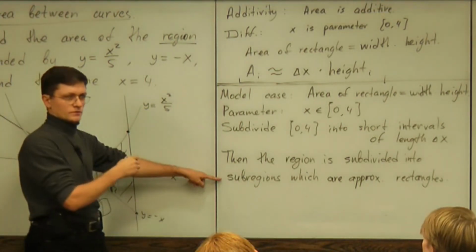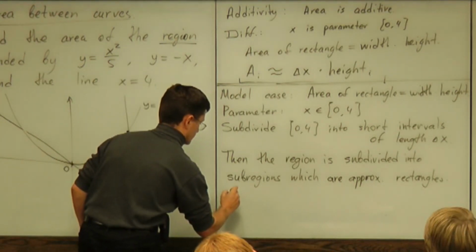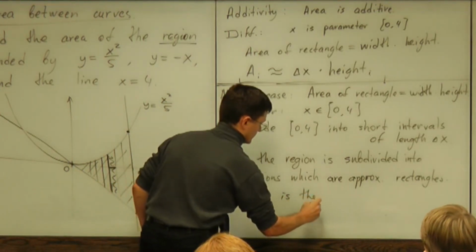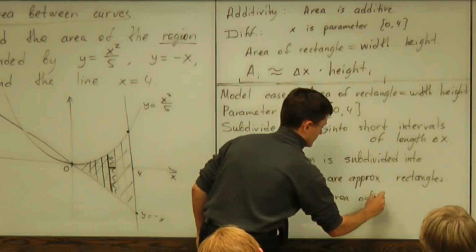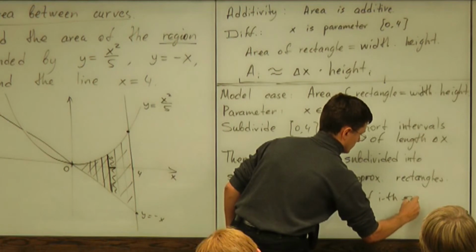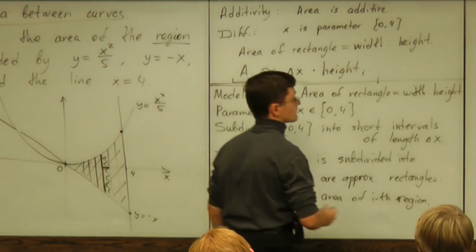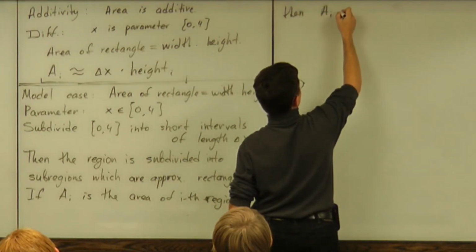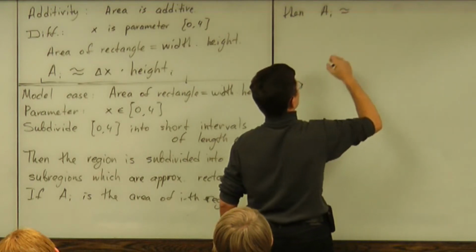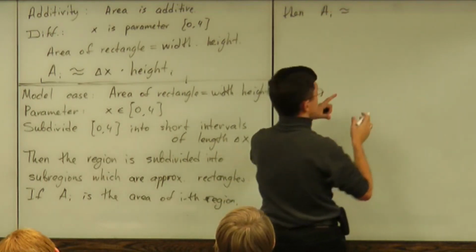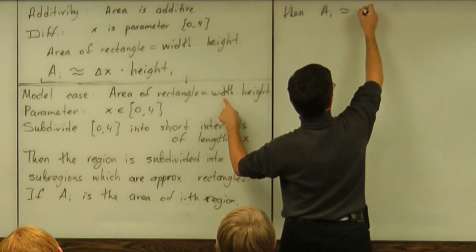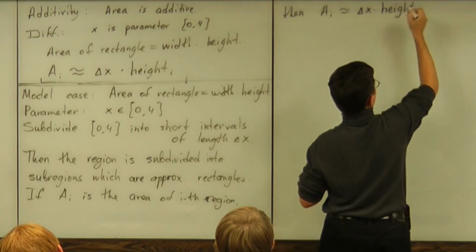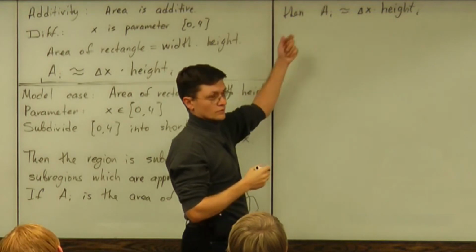And this is exactly what allows us to say that if A_i is the area of the ith region, then A_i is approximately the height times the width. So width is going to be delta x, and height is something that depends on the region, depends on i.